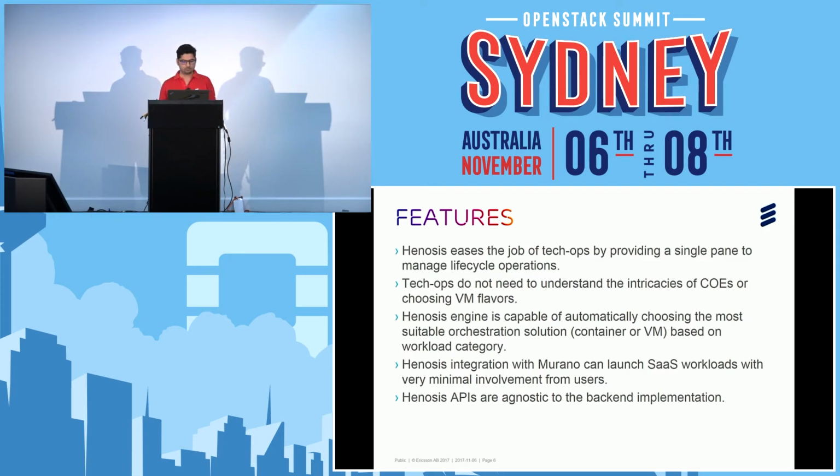And then you have the auto option, like I told you. The custom option is obviously for those who would want to have some customization. But a tech op who doesn't have any information on this can always choose the automatically select option, where he is just going to use the existing Murano catalog images, or he will let the Henosis engine choose one of them for him.